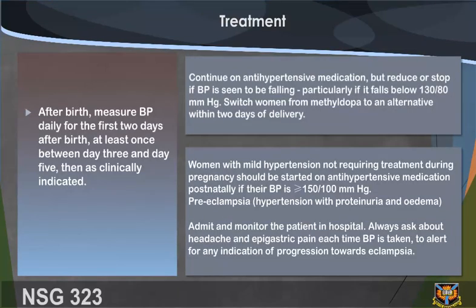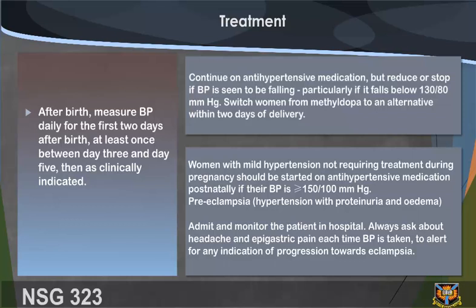After birth, measure BP daily for the first 2 days after birth, at least once between day 3 and day 5, then as clinically indicated. Continue on antihypertensive medication, but reduce or stop if BP is seen to be falling, particularly if it falls below 130/80 mmHg.